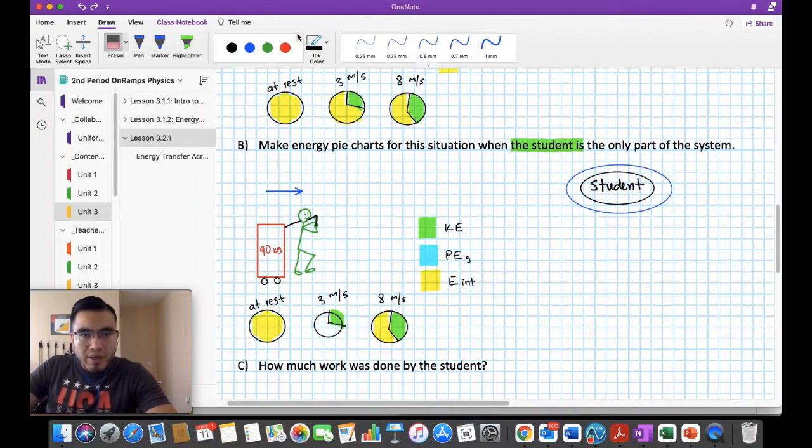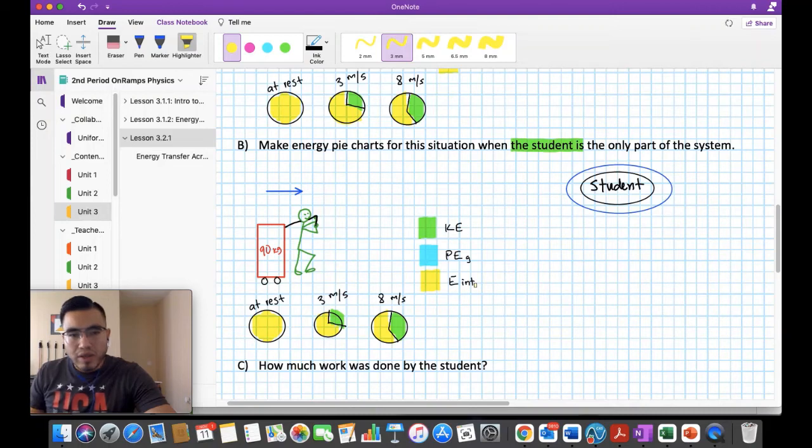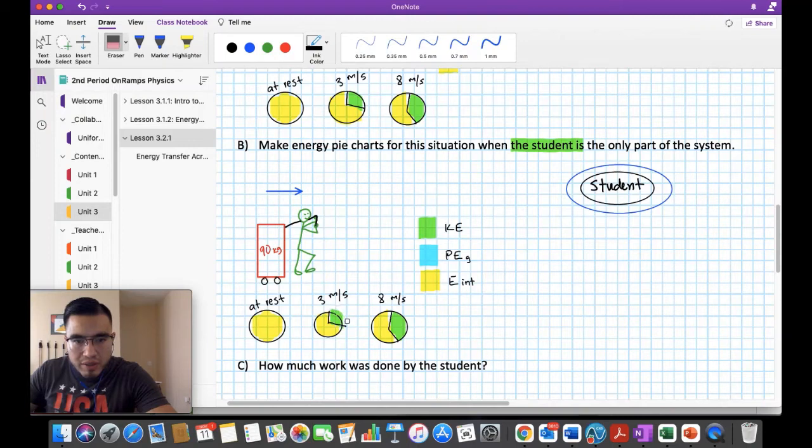And then notice how the internal energy is a little bit less. The pie chart's getting smaller. And then, let me use the small eraser because this is bothering me. So okay, no, that was not a good idea.